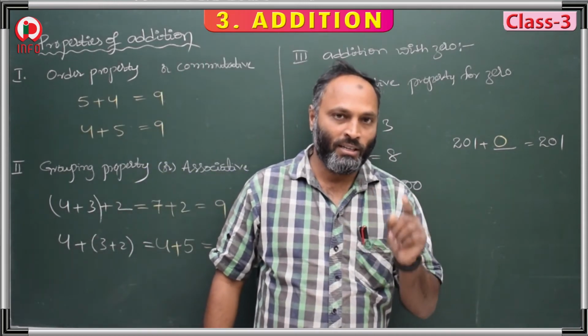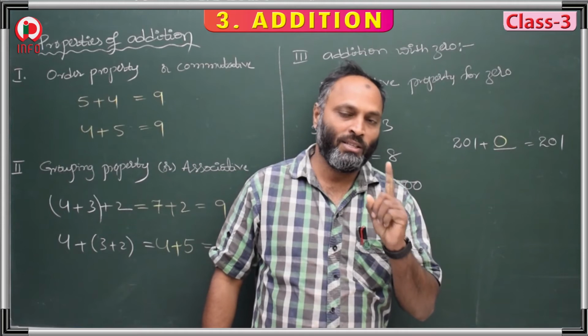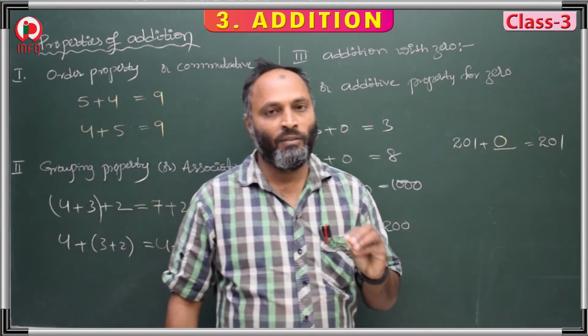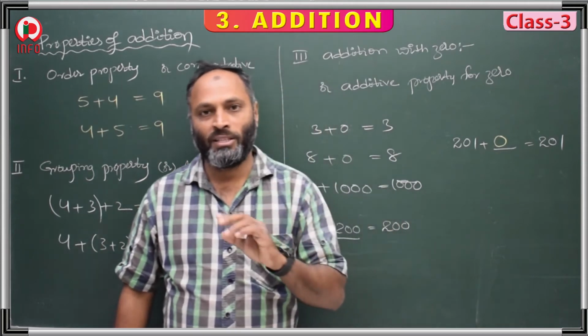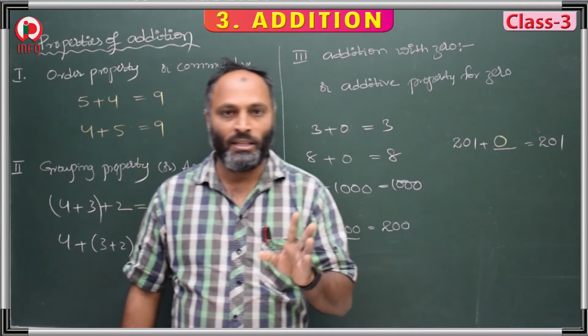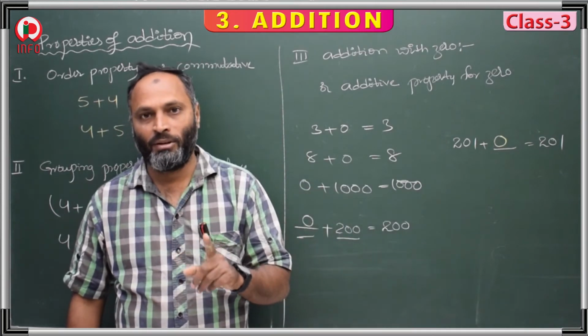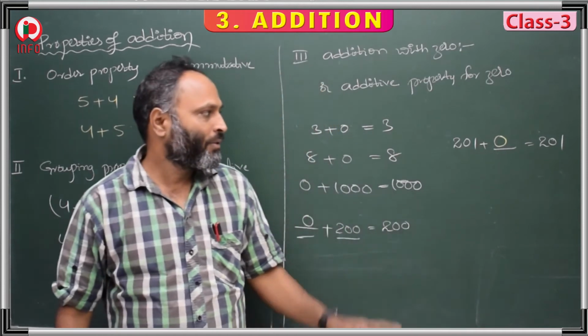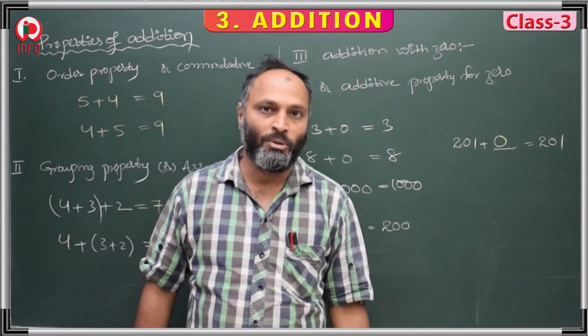It is not correct. 200 plus 0 is 200. 1000 plus 0 is 1000. Don't confuse. 0 plus 2 is not 0. 0 plus 2 is 2. 10 plus 0 is 10, not 0. So remember all this. These properties you have to remember.